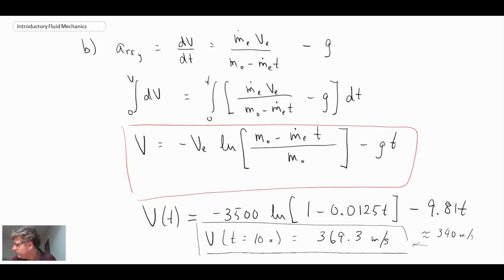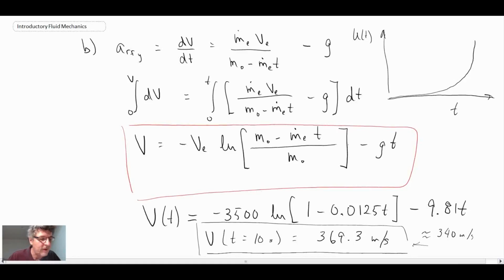If you plot out the velocity profile for this problem, I don't have it plotted neatly, however, it would look something kind of like this. Given the relationship that we've drawn, we would have t on the horizontal, u of t this way. You would get a function that would do something like this, and then it would start going up and climbing very, very quickly.